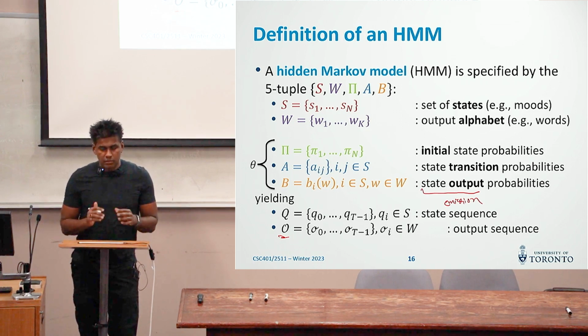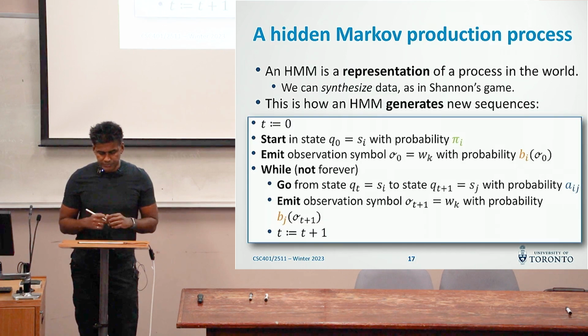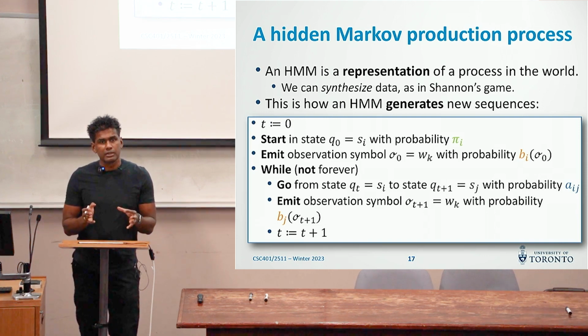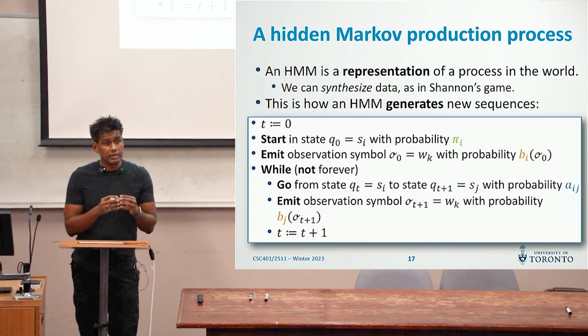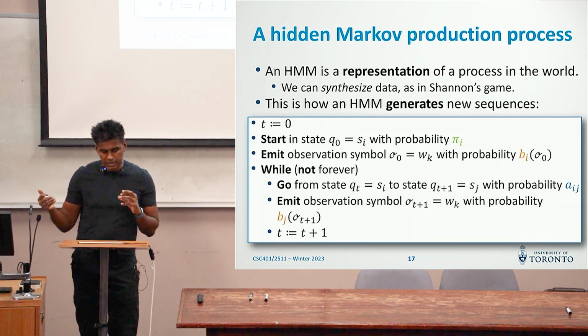Okay, so if we have a formalized notion of an HMM, how can we use this for generating sequences? Let's say we have an HMM process, and we can use a simple algorithm to generate sequences using our HMM model. If we have a model, we start at time equals 0. We start in some state with probability given by our initial state probability.